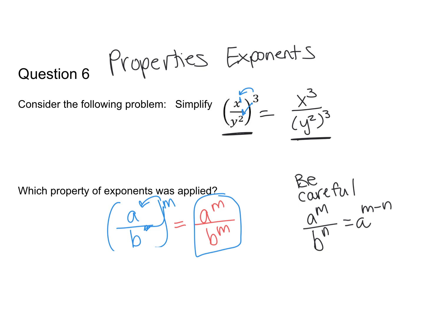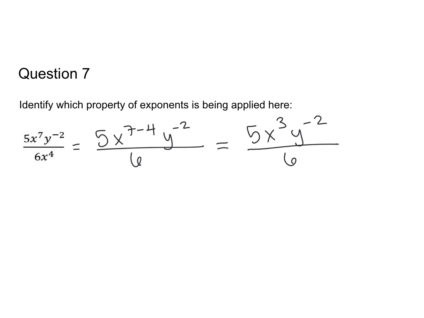Let's try another one. We're still using properties of exponents, and we're trying to figure out which property is being applied here. I'm looking closely at this, and I want to decide what property was used. And you will have a list of properties to choose from. One thing that I notice is how does it change starting here to here to here?